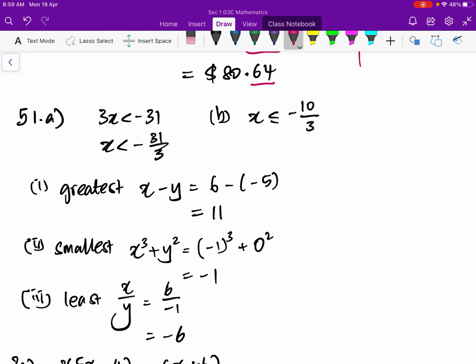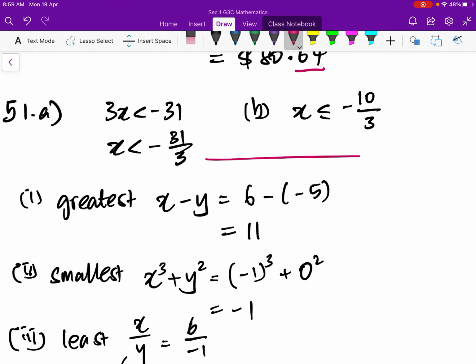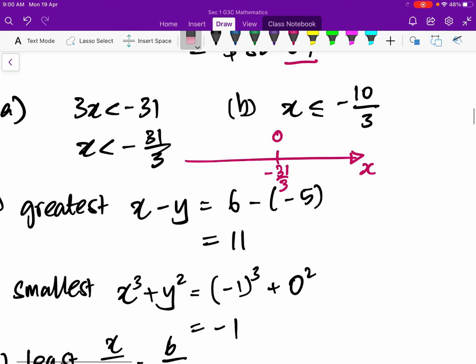If they say represent your answer on the number line, you draw a number line, x, and identify where is negative 31 over 3. Since that is the only number, that is good enough. It is a hollow circle because there is no equal sign. If there is a less than or equal to, then you must color the circle. And x is less than that, so put the arrow to the left. This is representing on the number line.